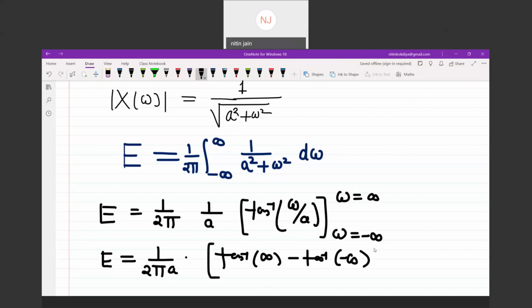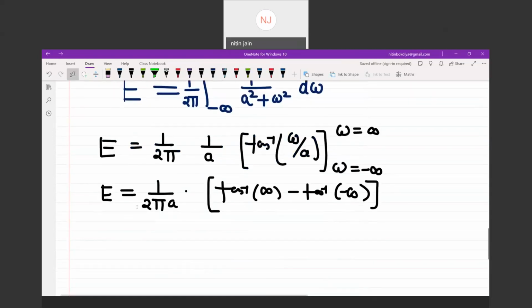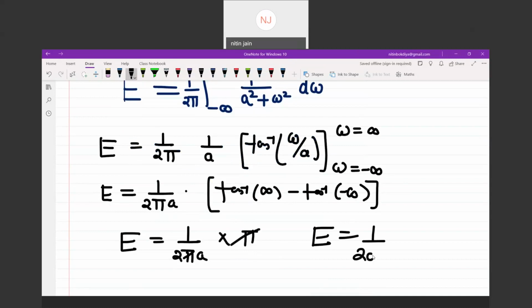The energy is equivalent to 1 divided by 2πa times (π by 2 plus π by 2), which is π. The π and π cancel. The energy is equivalent to 1 by 2a joule.